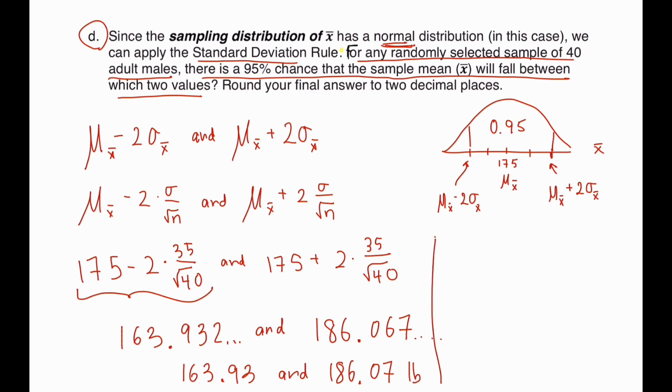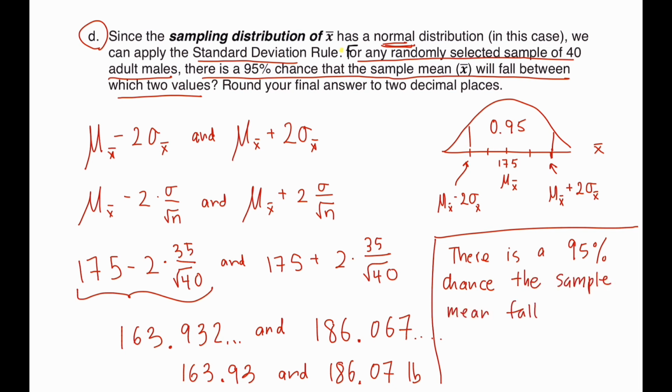Okay, so just to recap, this tells me that there is a 95% chance the sample mean falls in the interval 163.93 and 186.07.